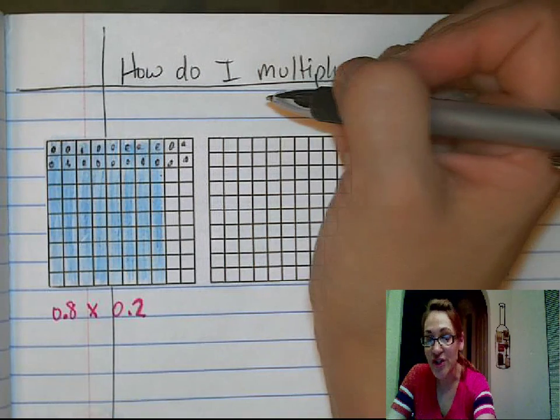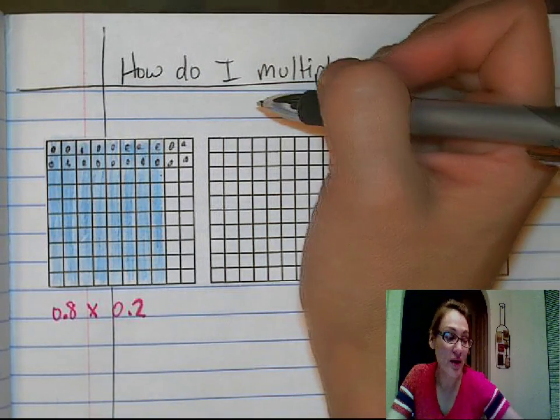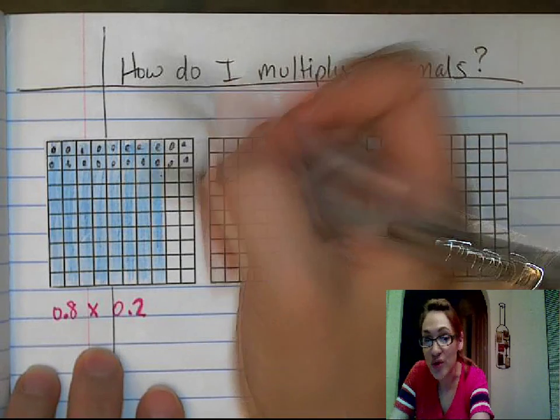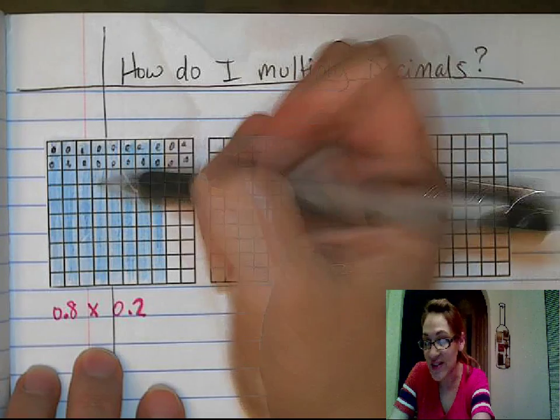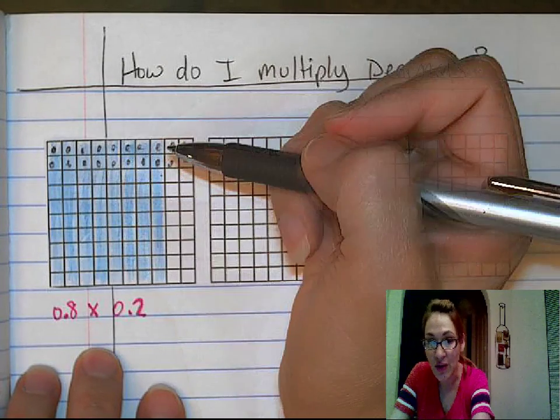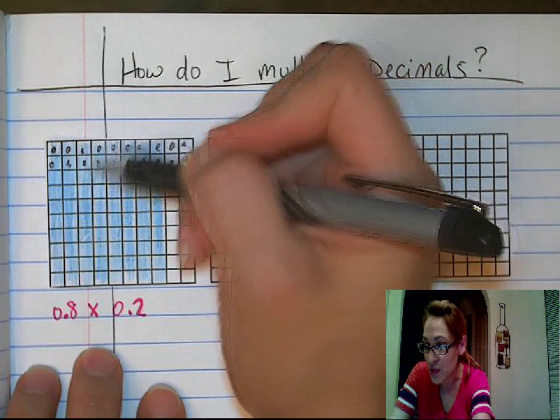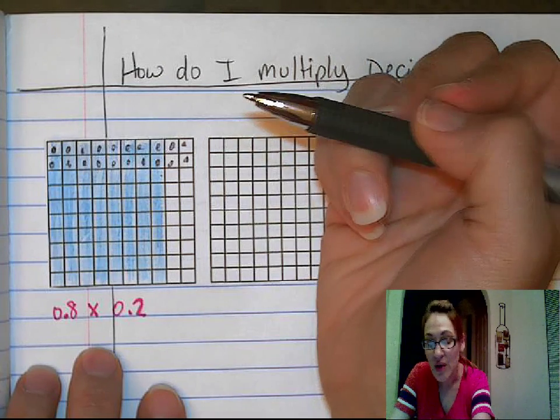Okay, now in order for you to get your answer, what you're looking at is where the two colors overlap, or where you have a dot and the shaded in color. How many squares do I have? Well, we have 2, 4, 6, 8, 10, 12, 14, 16.